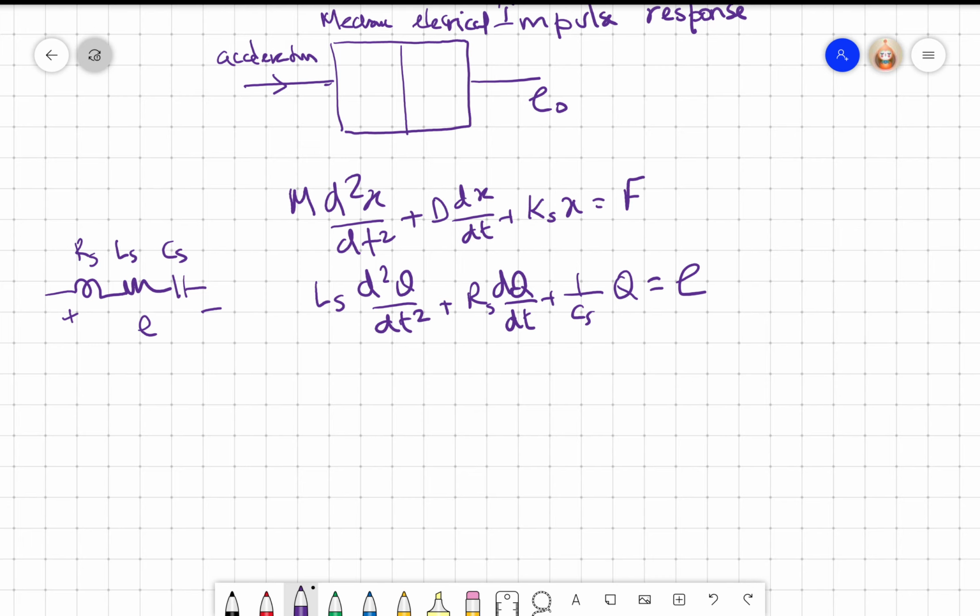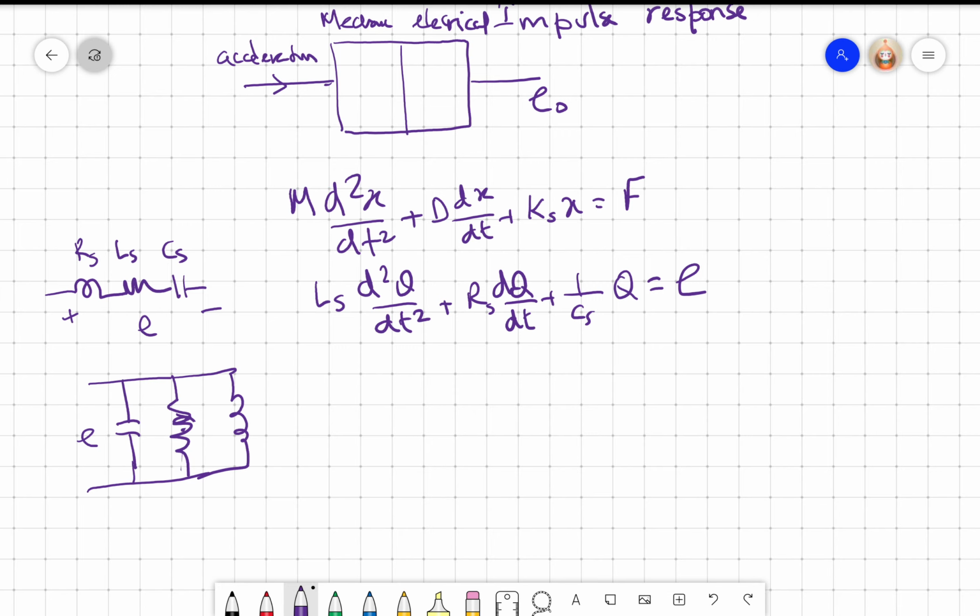It is also possible that I can have the CRL circuit. So I have E here.